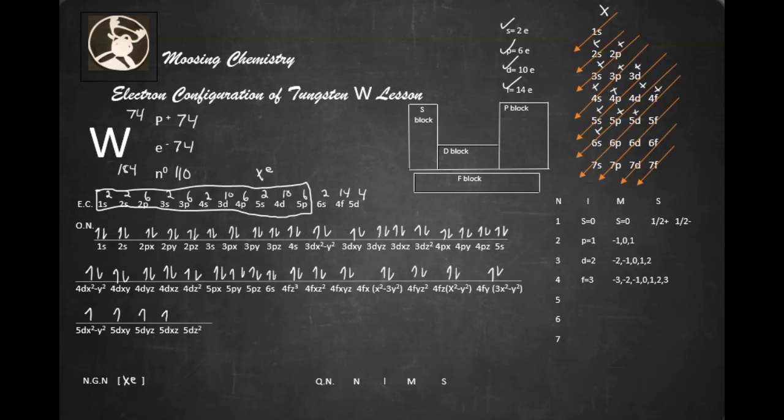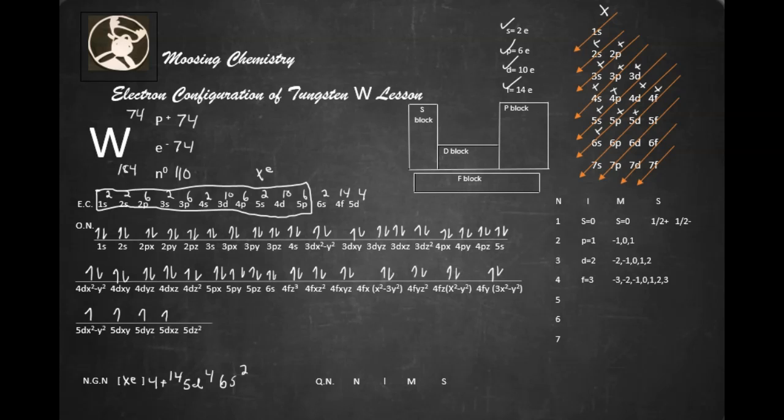Some people like to go 6s2, 4f14, 5d4. But I've done a lot of research, and the more correct way is 4f14, 5d4, then 6s2. It depends on what your instructor wants you to use.